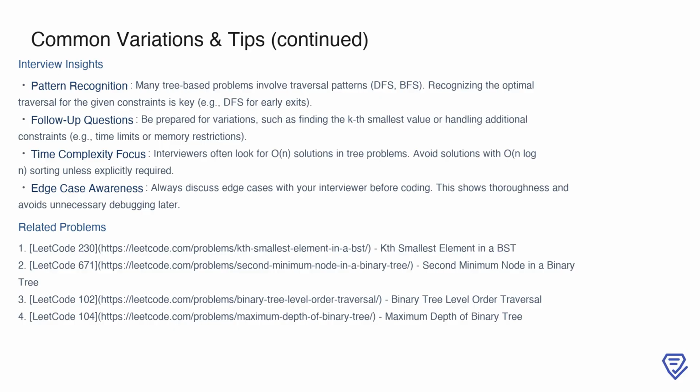They typically expect solutions with linear time complexity, so avoid approaches that rely on sorting unless explicitly required. Lastly, discussing edge cases with your interviewer before starting to code demonstrates thoroughness and can prevent unnecessary issues during implementation. Related problems you can practice include finding the kth smallest element in a binary search tree, performing level-order traversal, and determining the maximum depth of a binary tree.